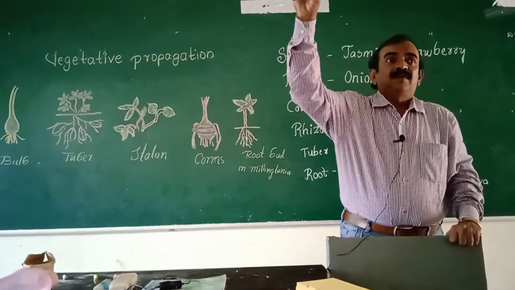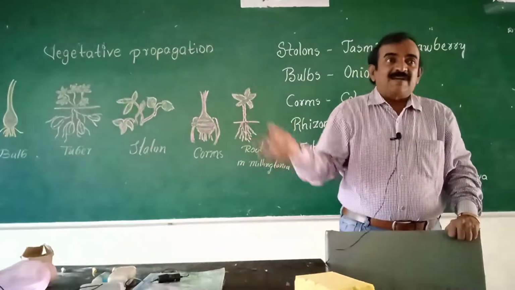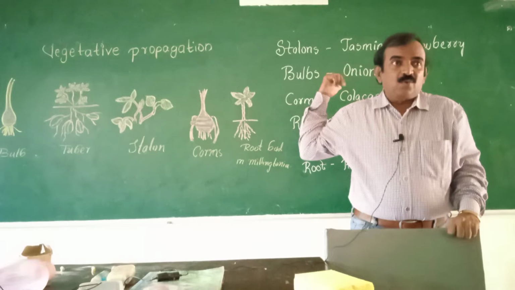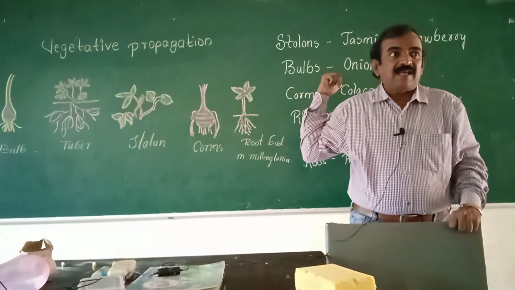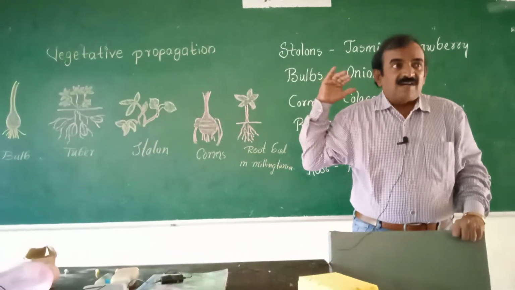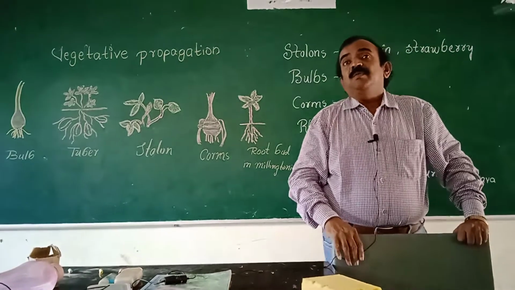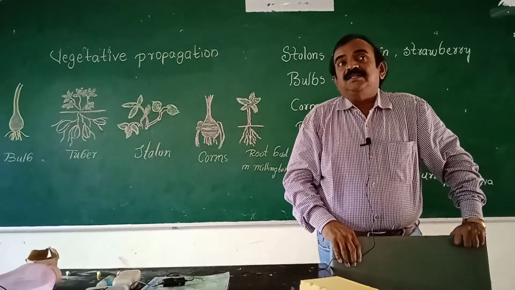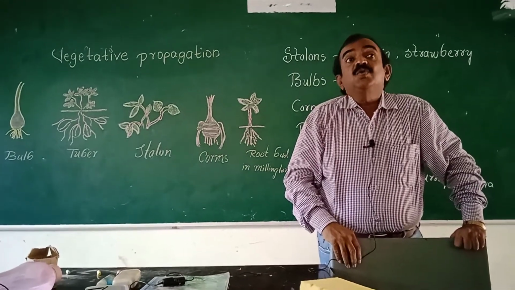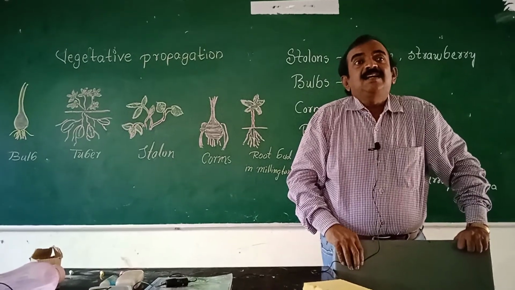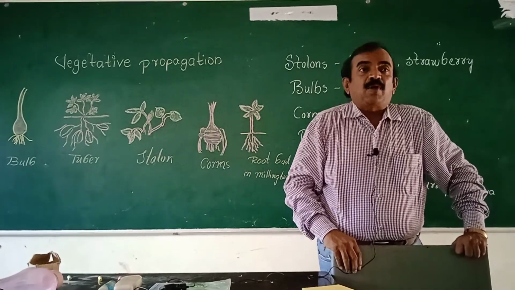Leaves in the case of Bryophyllum. Stem in the case of all these. Root in the case of Murraya or Karivepaku. So these are called the vegetative parts. These vegetative parts are giving new plants. And this is called natural vegetative propagation.